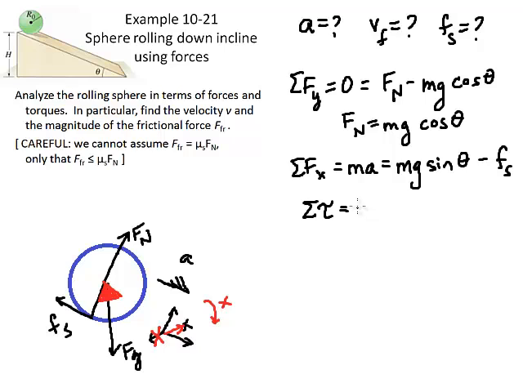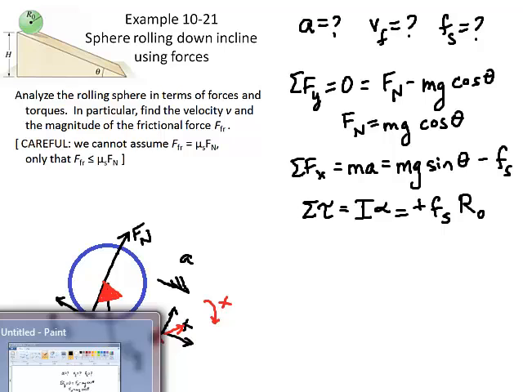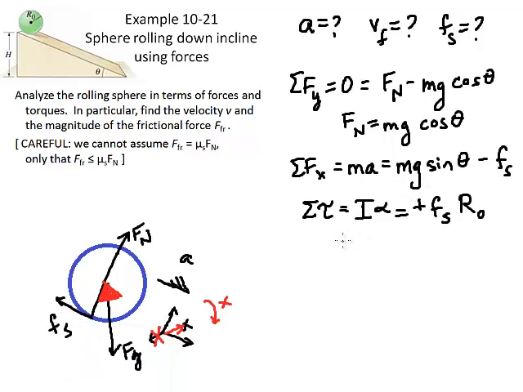So the sigma torque statement is going to be equal to I alpha, which is equal to the torque due to the force of static friction, which is positive Fs, times the lever arm, which is going to be the radius of the sphere, which we'll just call r naught. If we look it up in the table, the moment of inertia of a sphere is simply 2/5 m r naught squared, times alpha, which is going to be equal to Fs r naught.